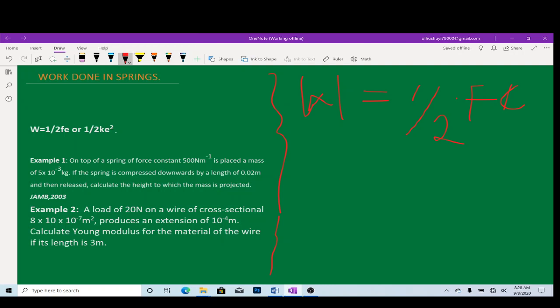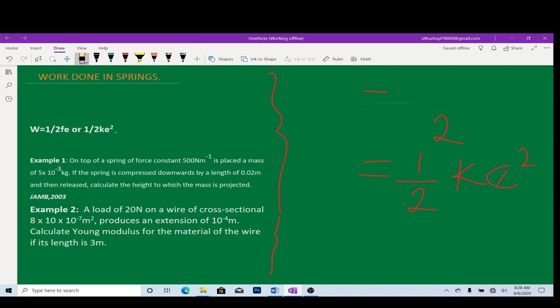Or if you are given a constant, you use half Ke squared: from your formula F is equal to Ke, you make the substitution and you have half Ke squared. I'm sure we are good to go.